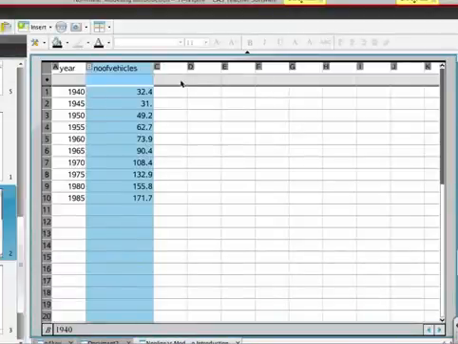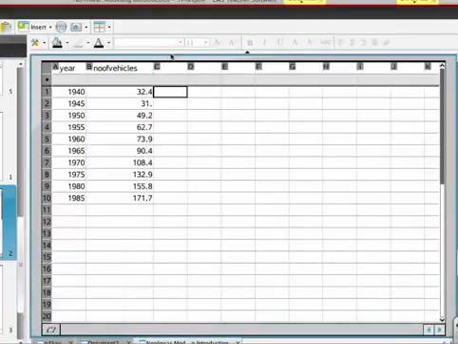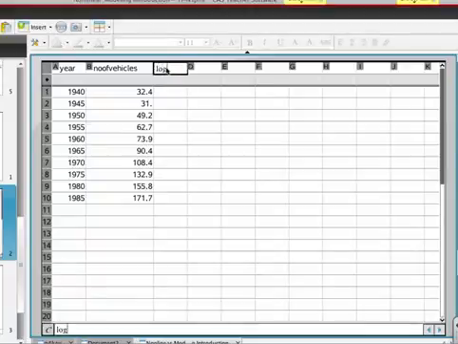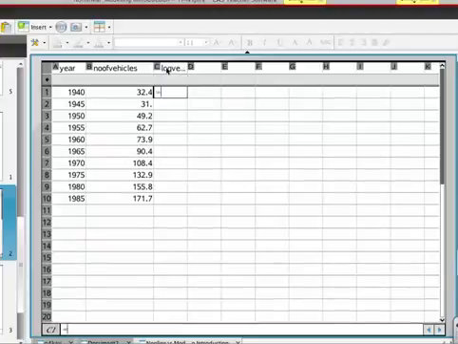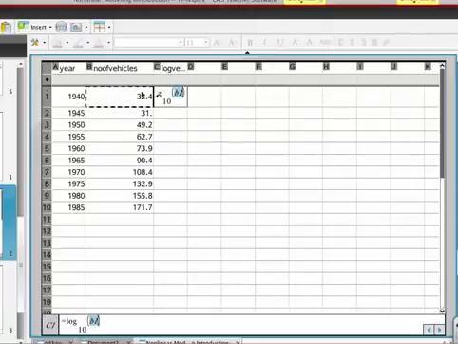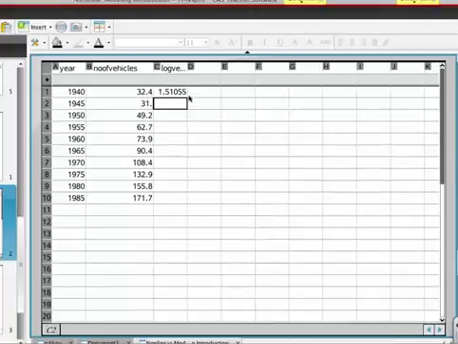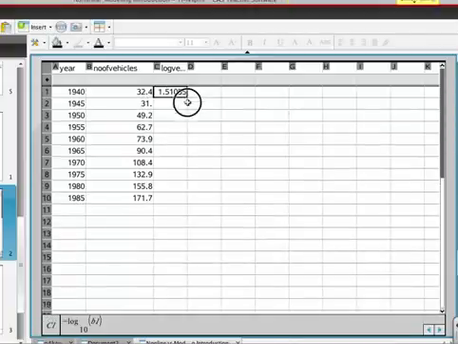Again, I only need to transform the log of the number of vehicles. So log vehicles equals the log of, and again here you can do log base e or log base 10. Either one of them will be okay. And drag this.